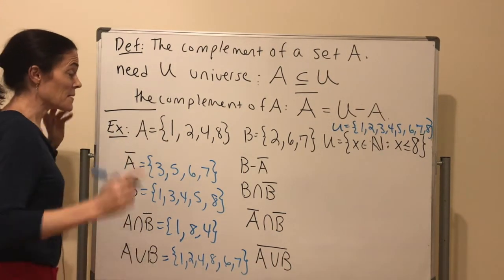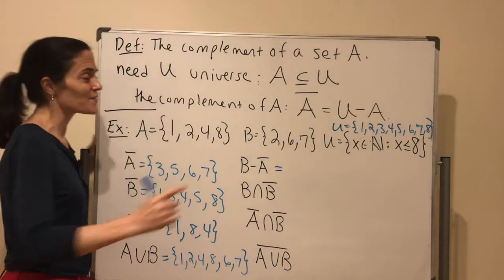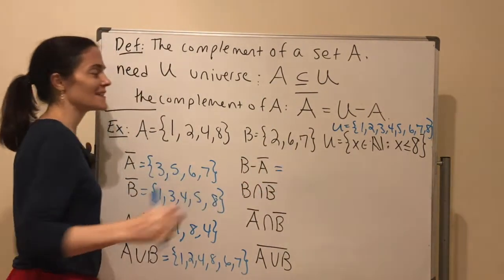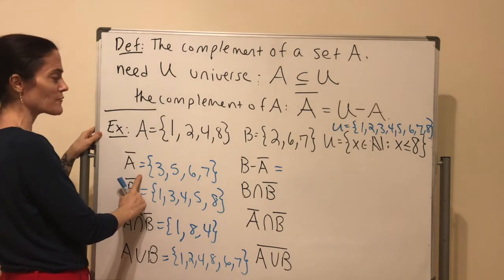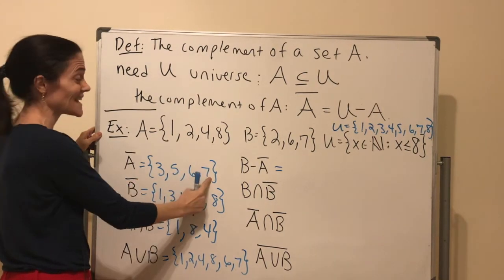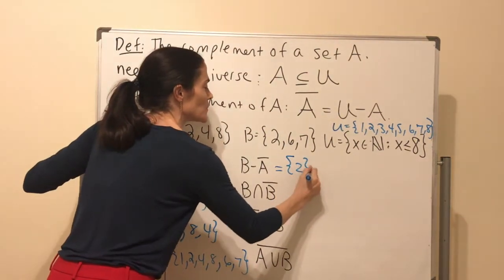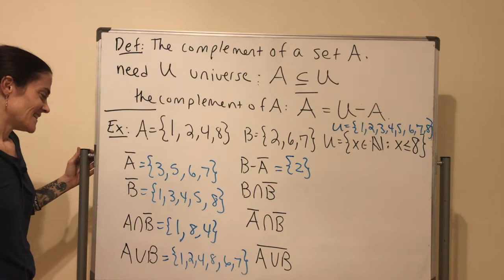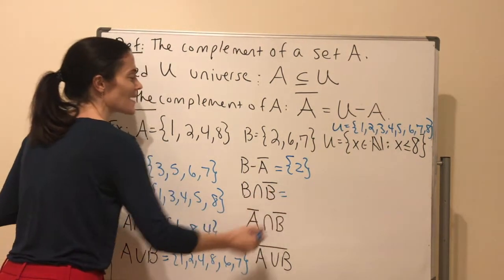Now, B minus A complement. We start off looking here, and then we remove the elements that are in A complement. So what will I remove? I will remove 6 and 7, and I'm left with just this singleton with the element 2. Now, B intersect B complement.